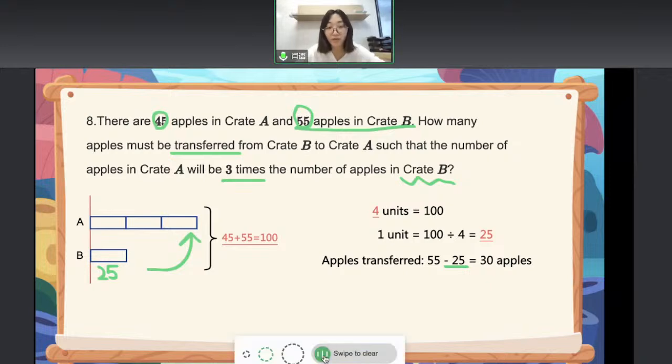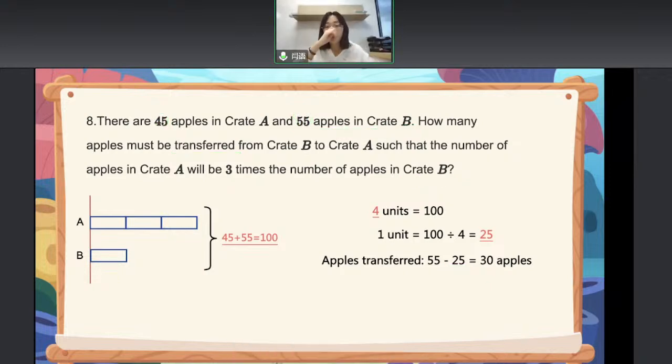So now you see, for the final answer, it should be 55 minus 25 equals to 30 apples. Well, this question is a bit challenging. Yes, okay, read the question super carefully. Okay, so far, any question?